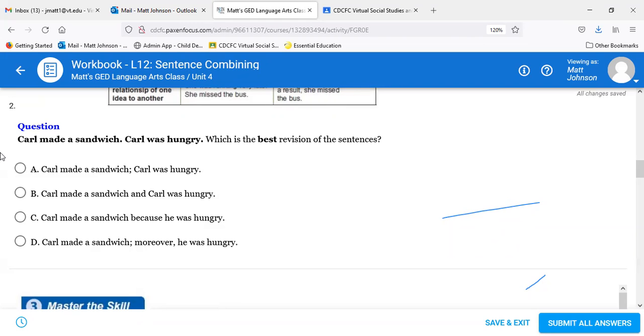B. Carl made a sandwich and Carl was hungry. C. Carl made a sandwich because he was hungry. D. Carl made a sandwich, semicolon, moreover, comma, he was hungry.